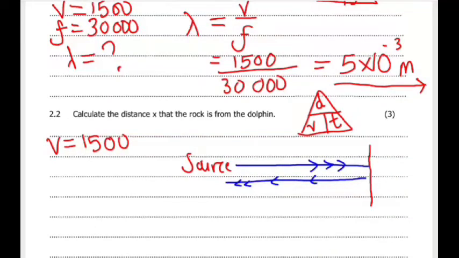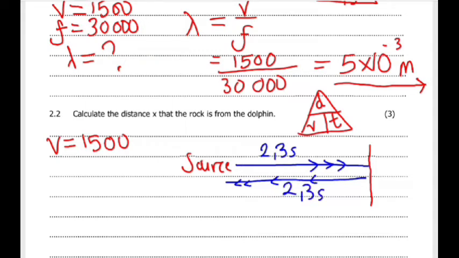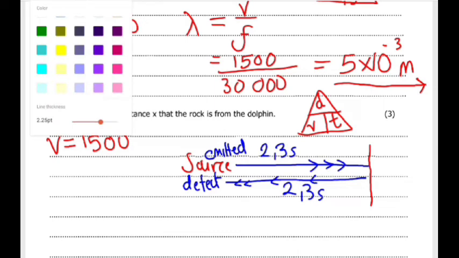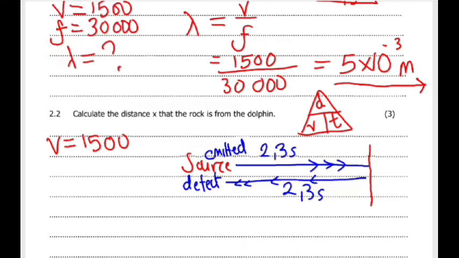Which means, guys, the waves are going to take 2.3 seconds one way and 2.3 seconds the other way. That's how we get the total of 4.6 seconds. So from the time they are emitted to the time they are detected, there's that 4.6 seconds. So 2.3 seconds to travel from the source to the barrier.